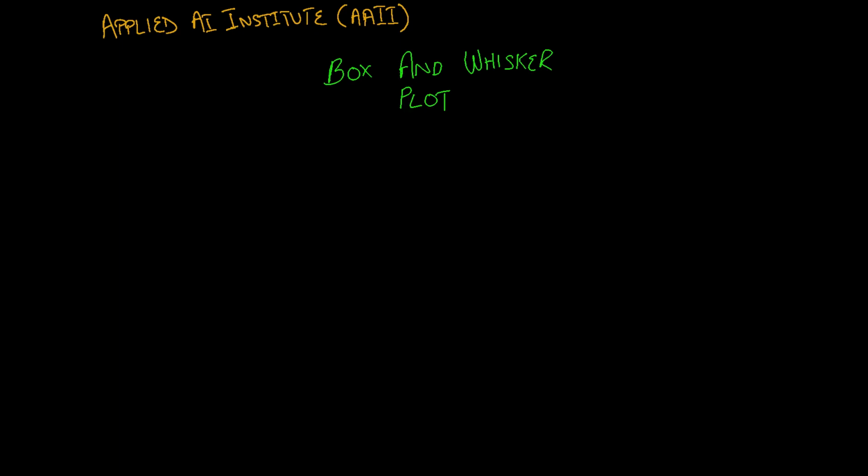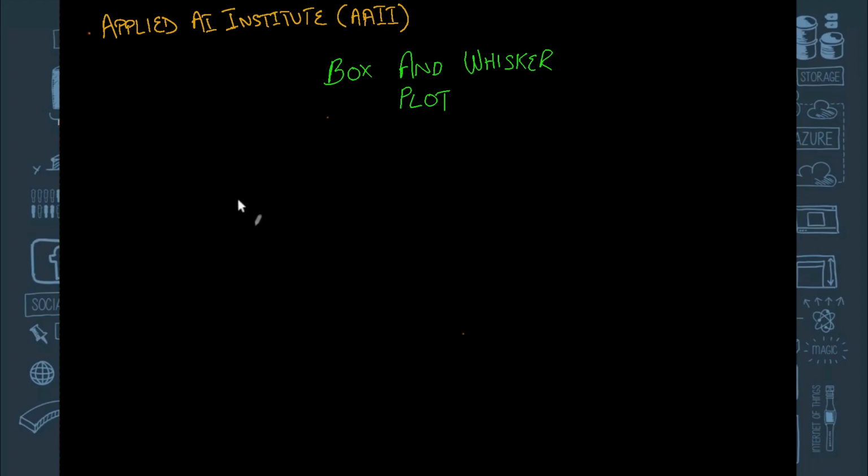So today we will be discussing box and whisker plots. I will be illustrating a box plot and we will be discussing the terminologies used in it. So first of all, let me draw a box plot.